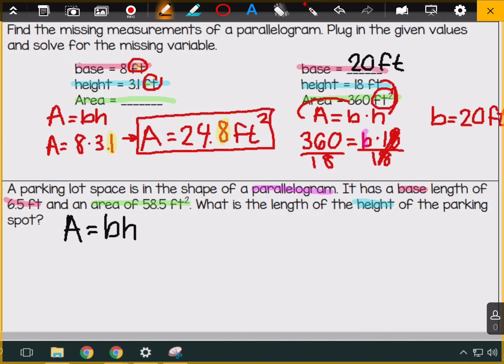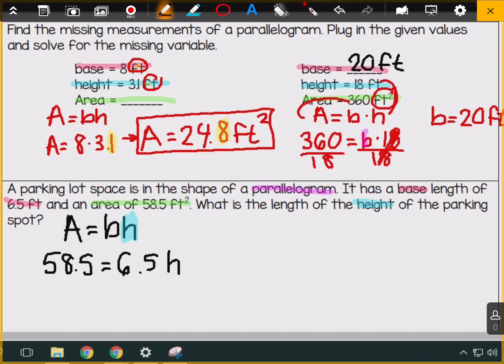I'm finding the height. This is what is missing. So I'm going to plug in the information that I have in the correct spot and then look at how to solve it. I'm going to replace the A with 58.5, put my equal sign down, and then 6.5 to replace my B, and I'm going to leave my H right behind it.